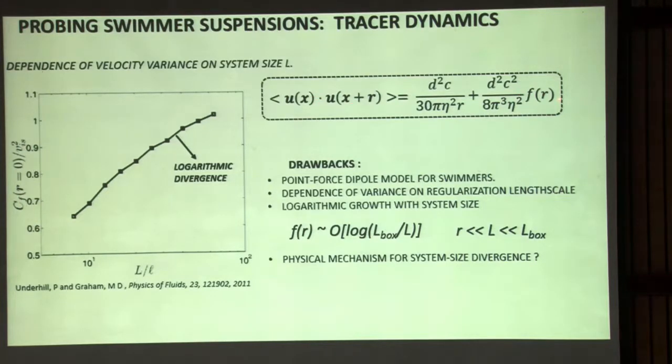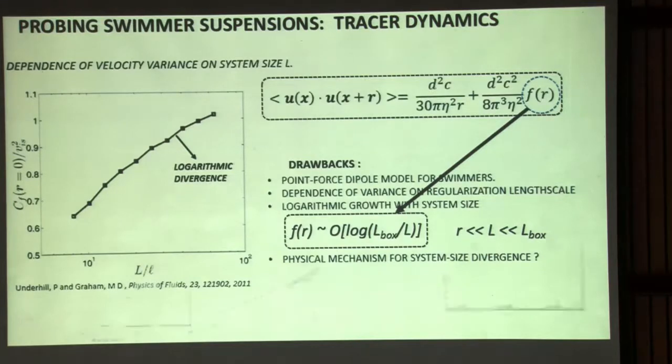So it's the contribution to the velocity variance as a consequence of swimmer interactions. And the interesting thing is they found that the interaction contribution seems to grow logarithmically with box size. So this is one of the things that I'll start out explaining.